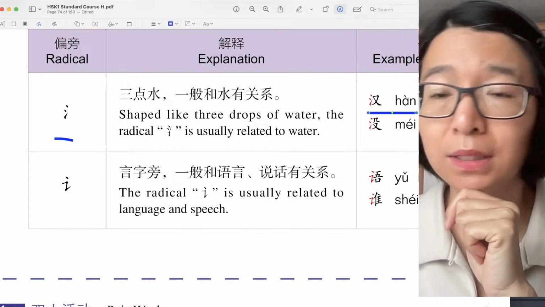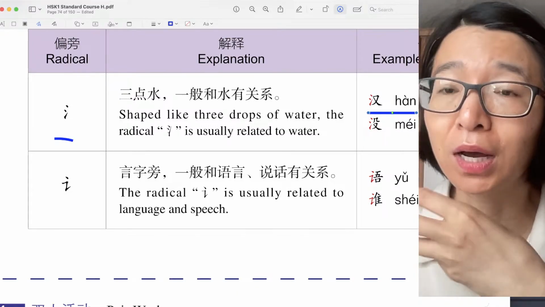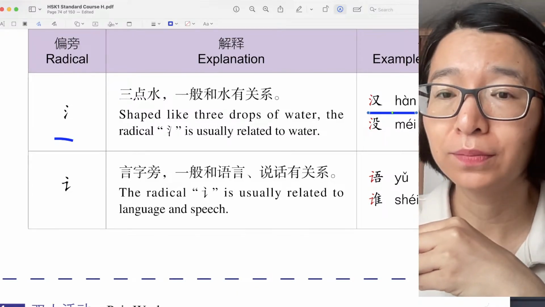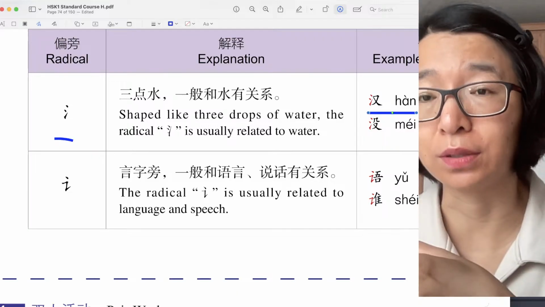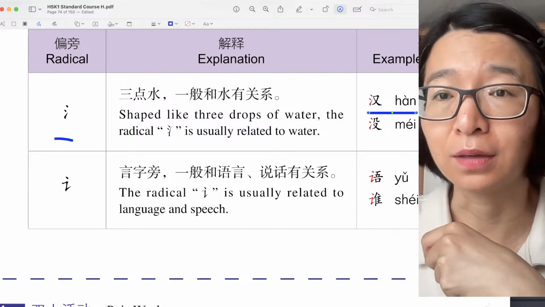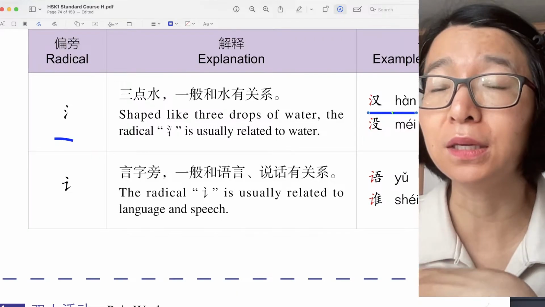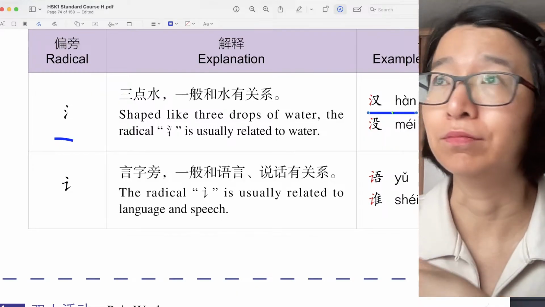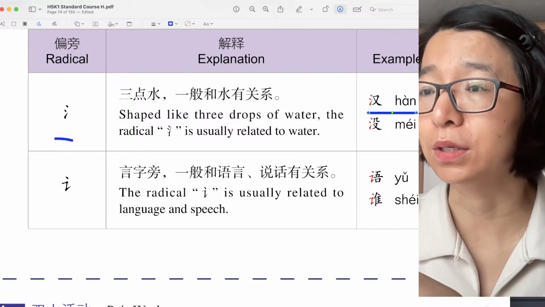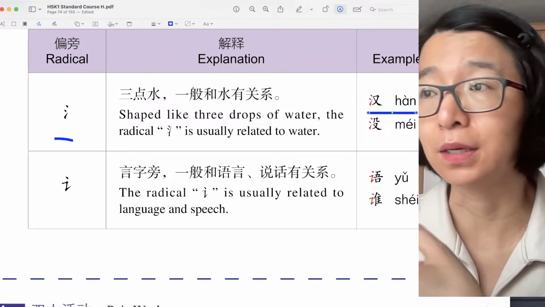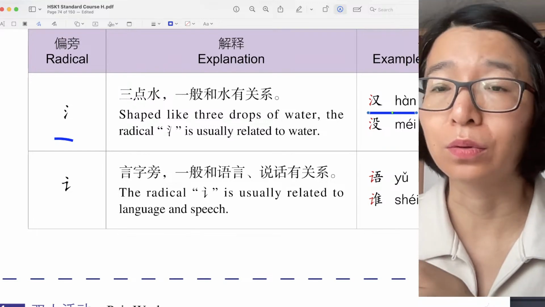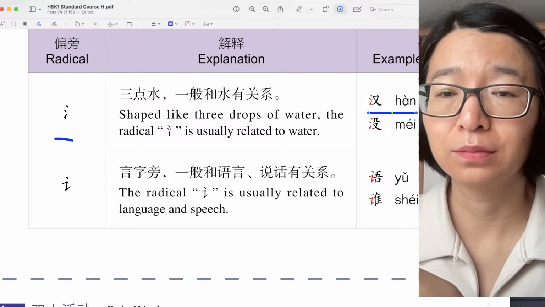So what does it mean? Actually, 汉 refers to Han people. And 汉 refers to the river. Yeah, so we're Han people. We live near the water, the river. That is where Han people are originally from.